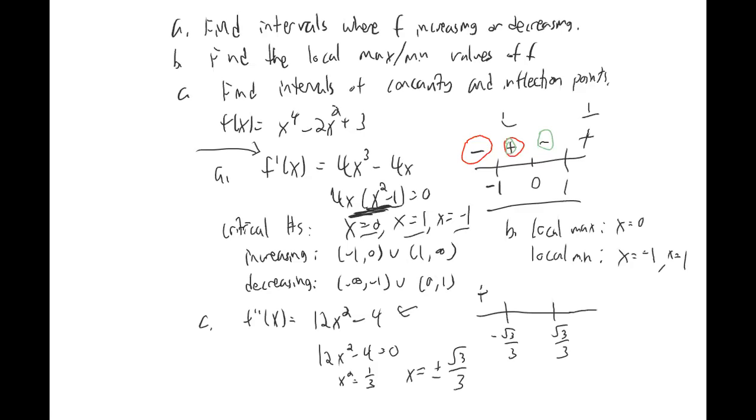Good. Now between them, hopefully you have your favorite candidate. The best number to choose when you're squished between a negative and positive number is 0. If you plug in 0, do you get a positive or negative number? What about after? If you plug in 5 now, it's positive. Okay, so let's answer the question. When am I concave up?